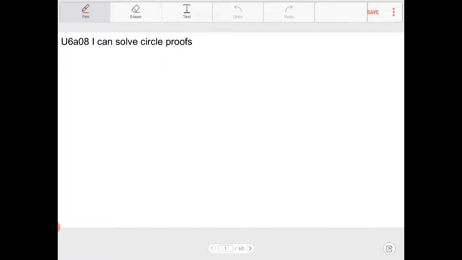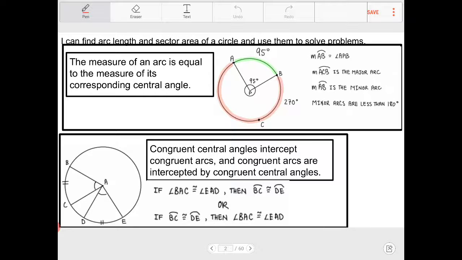So this is actually the last lesson of the unit, and just to recap all the different things that we've talked about involving circle geometry, here are the theorems associated with them, excluding the arc length formula and the area of a sector formula, because that's more for problem solving.